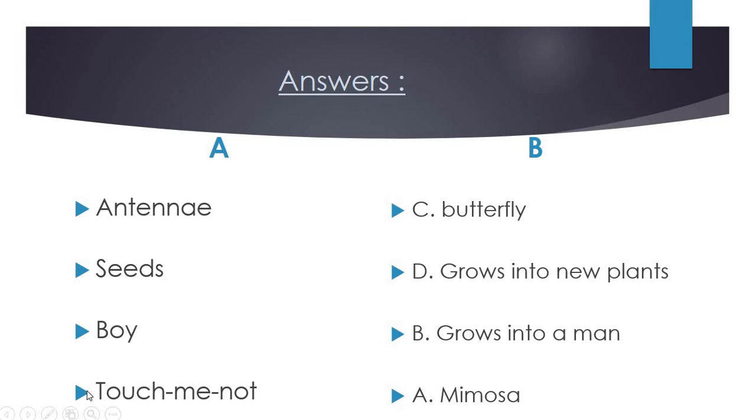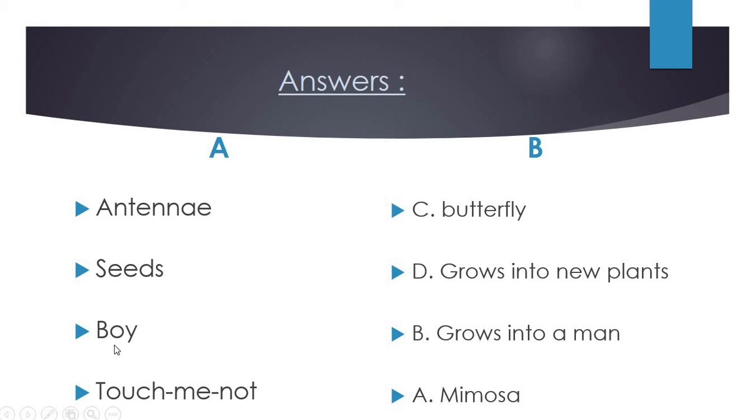So now you can see that mimosa, touch me not, why is it matched? It's very easy, because mimosa plants are such that if you touch them, they will close their leaves. That is why its nickname is touch me not plant. So this way, if you have watched my lectures, it is very easy for you to understand. Still, I'll explain.